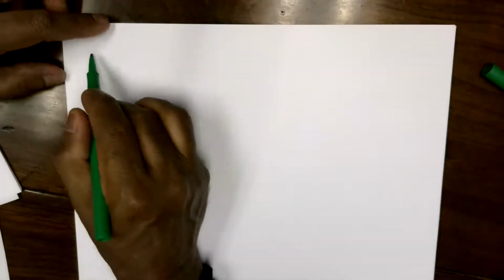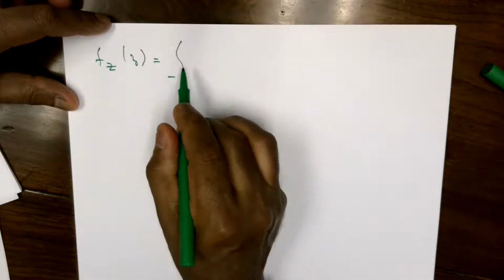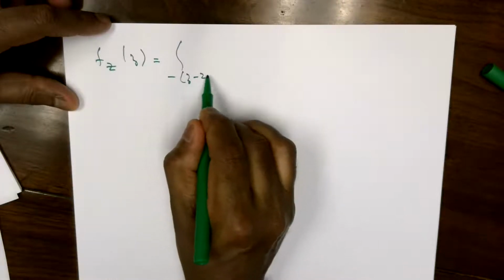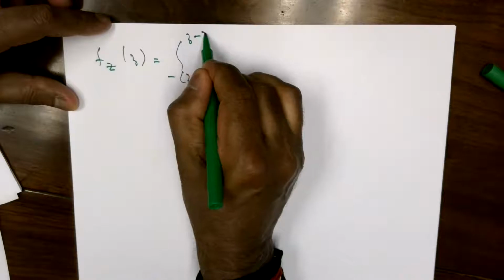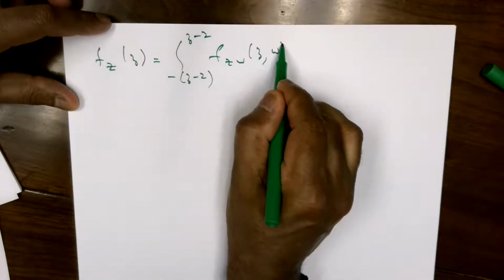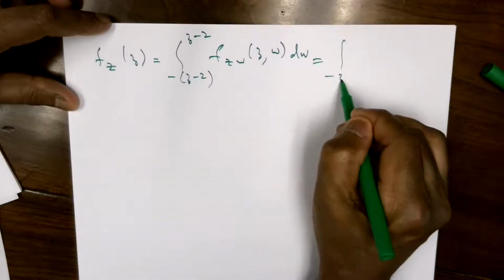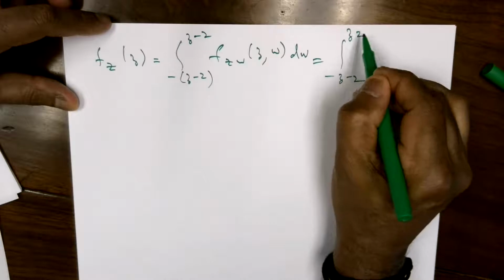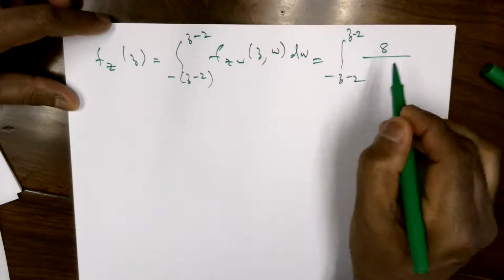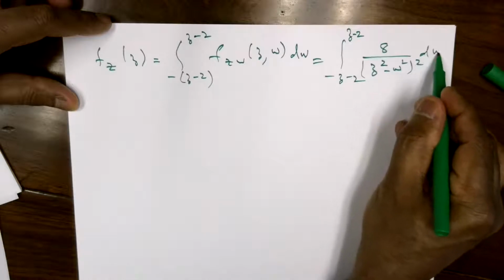So let me go ahead and do the integration of f_Z. So that's minus z by 2 to z by 2, z by 2 f_ZW(z, w) dw. So that's going to be minus z by 2 to z by 2, z minus 2 to 8 over z squared minus w squared, the whole squared, dw.